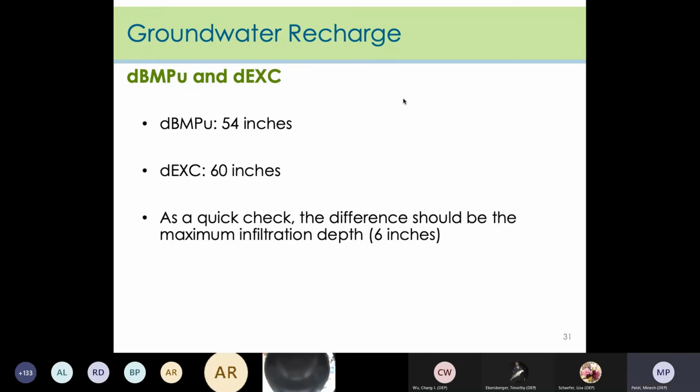So the dBMPU, it's 54 inches. So it's basically, it goes to that 6-inch infiltration orifice, and then you add the 6 inches for the DEXC. Then you're just confirming based on the maximum infiltration depth, which is 6 inches.